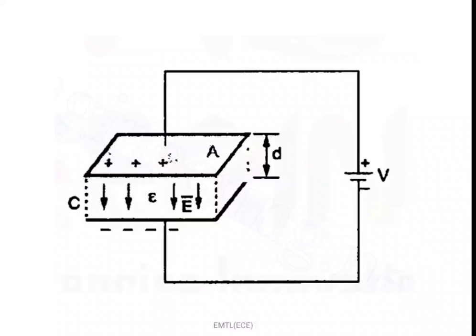This is the plate having negative charge, and between the plates there is a dielectric medium having permittivity epsilon, and the area of the plates is capital A. The distance between the plates is small d, and the capacitance of this parallel plate is C.